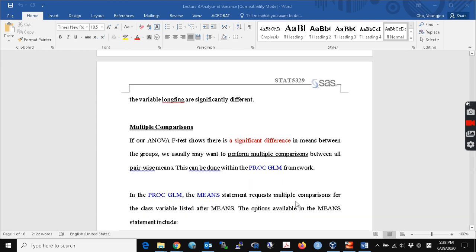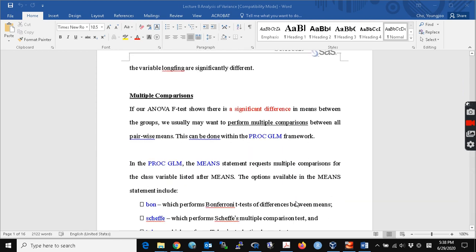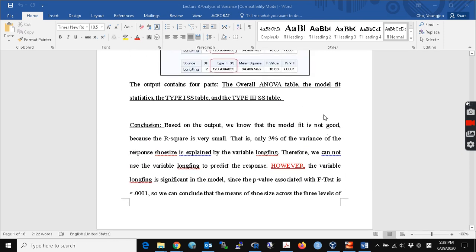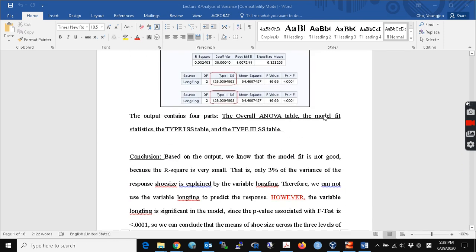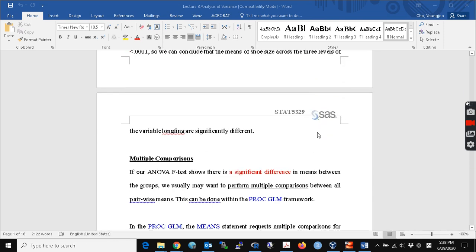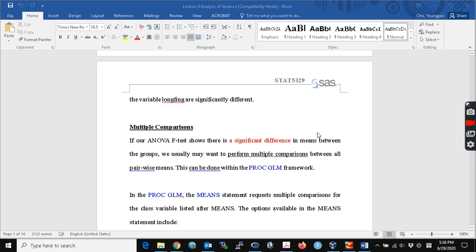To do more analysis, we compare mu1 equal to mu2, mu2 equal to mu3, and mu1 equal to mu3. This causes multiple comparisons of the population means in different groups.